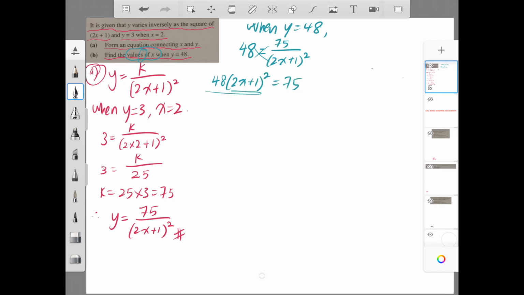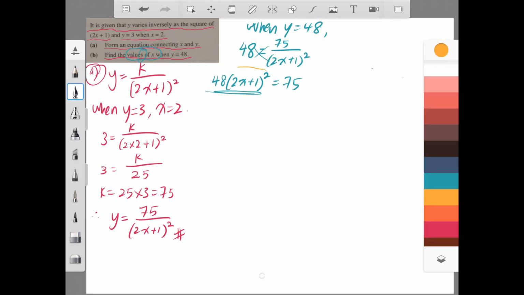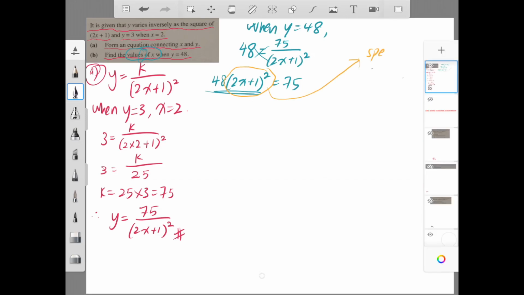Now let's try to expand this out. If you notice, this is actually the special algebraic identity. So what is this identity? It is actually (a plus b) square equals a square plus 2ab plus b square, right?